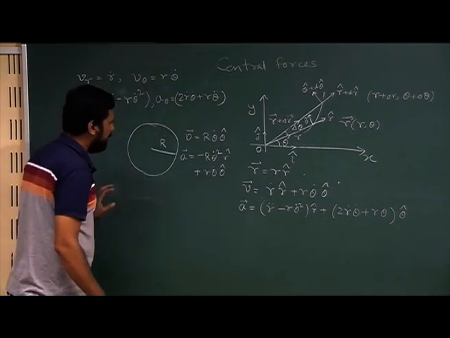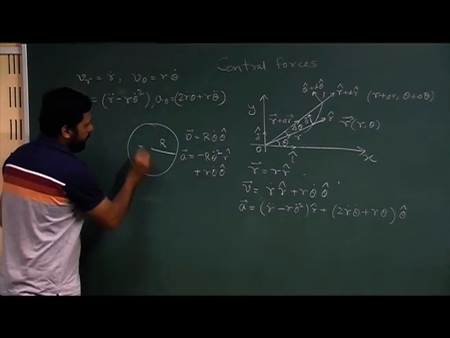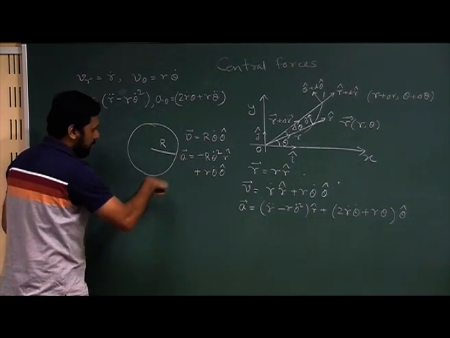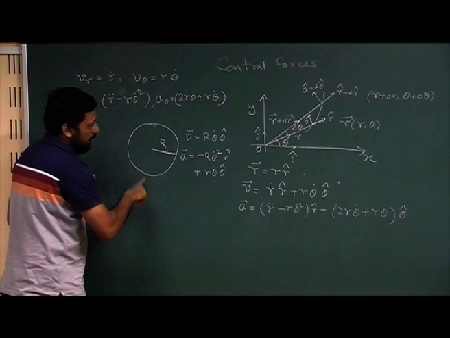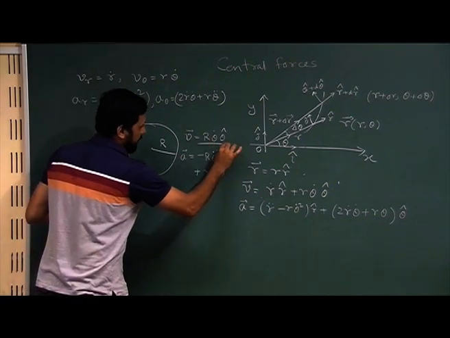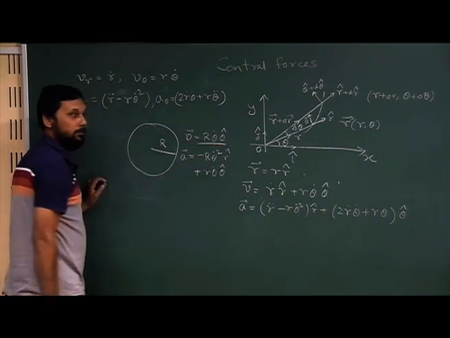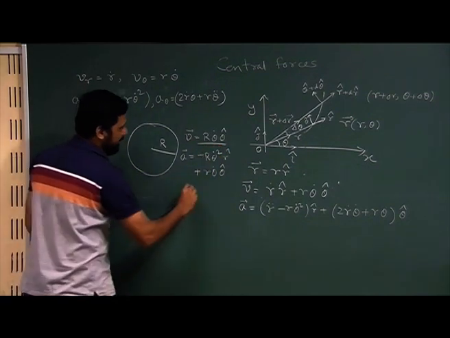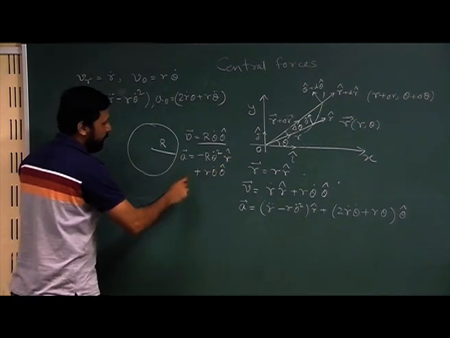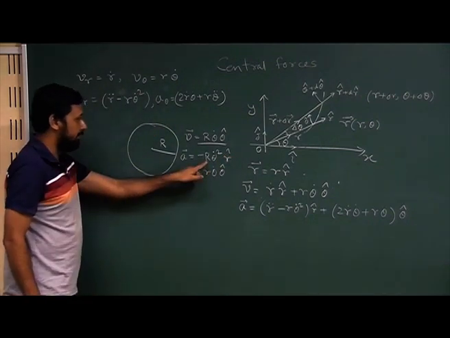Now, what is interesting to note here is that there is no radial movement because it is always on this circular orbit. So the r component of velocity vanishes and we are left with only the theta component of velocity. But in acceleration, although there is no radial movement, we have a radial component of acceleration.